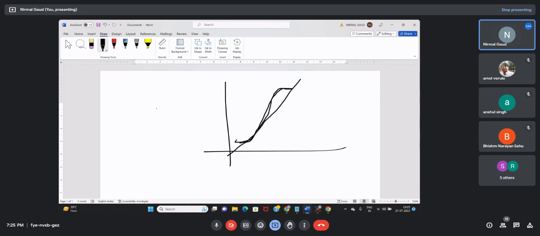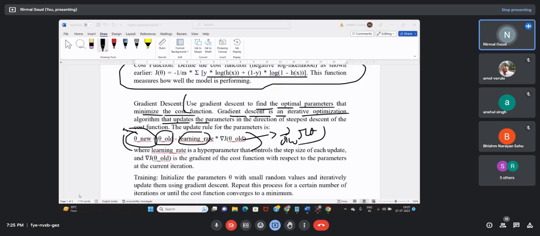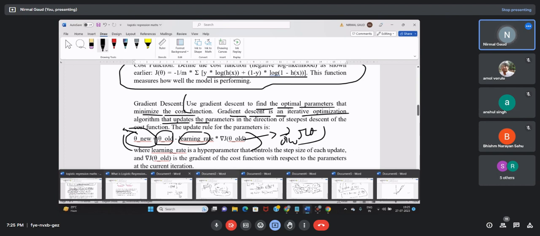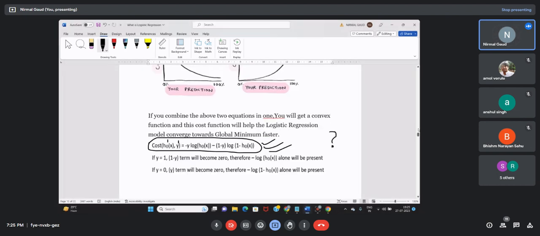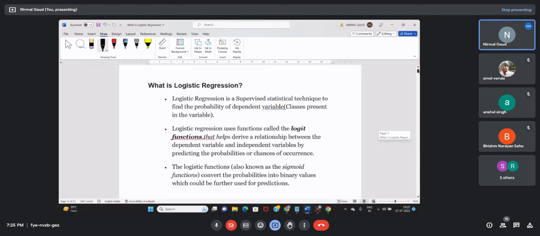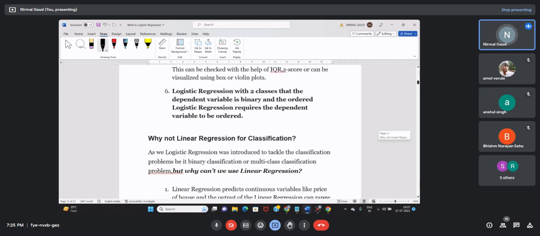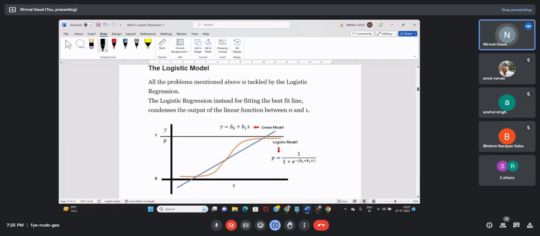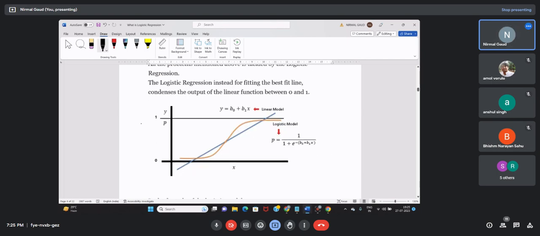This line. You can see my initial diagram of sigmoid. If you want, let me show you. Here it is. See, check out. This was the diagram of logistic regression. You can see a line because obviously the sigmoid function comes from linear model. So I will be having a line also, and this is sigmoid.